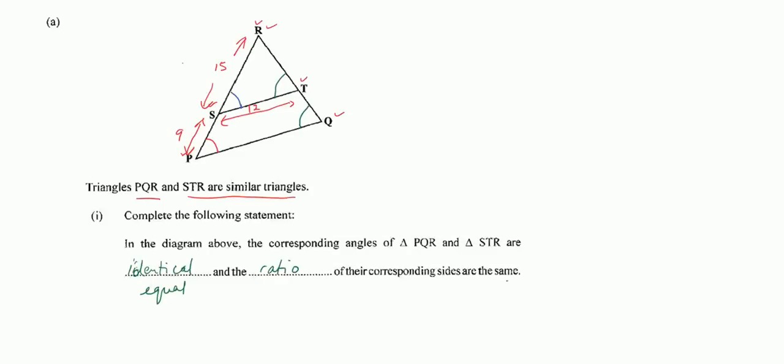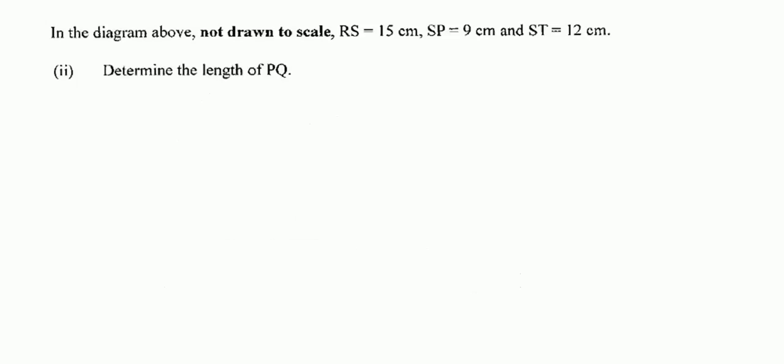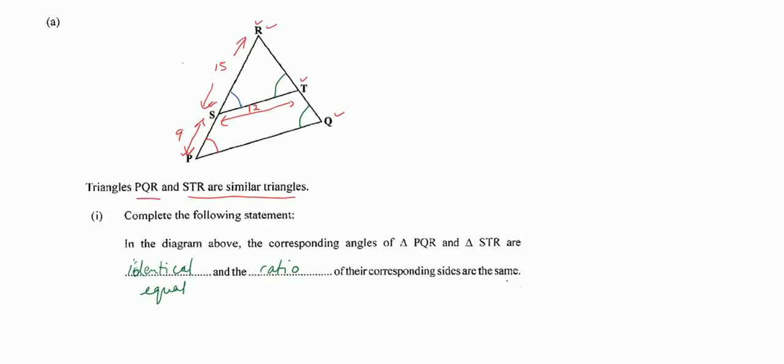So I'll work it across here. Now, the second part of the statement, we said that the ratio of their sides are the same. Let's see, which lengths do we have? The question wants to find PQ. Alright, so we're interested in finding this length here, PQ.